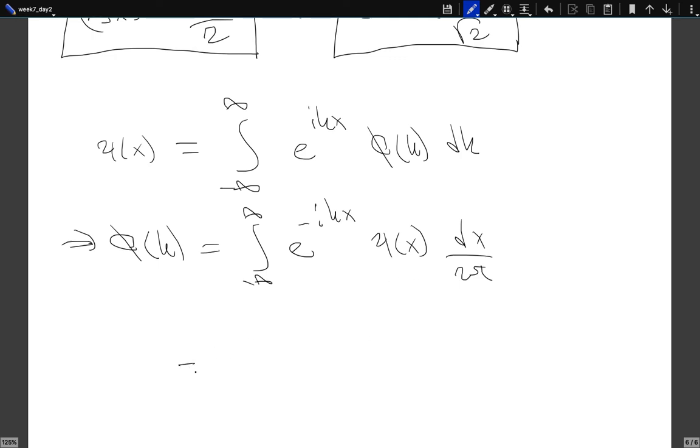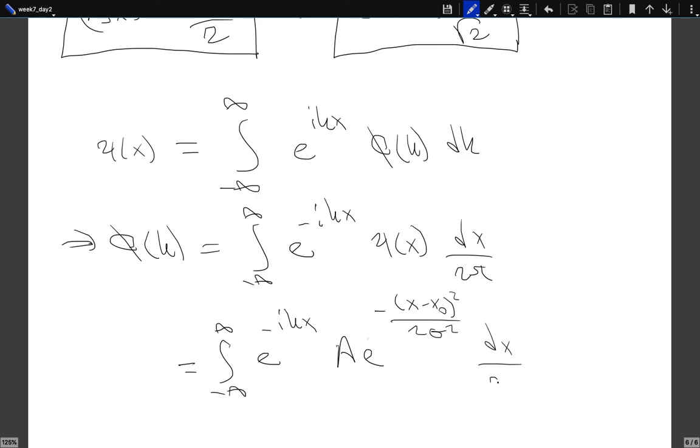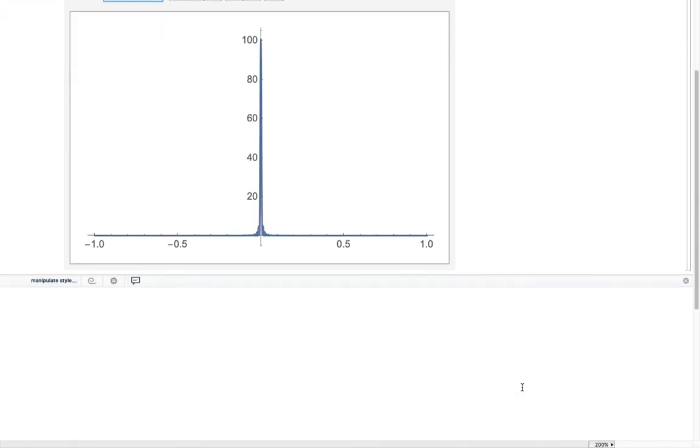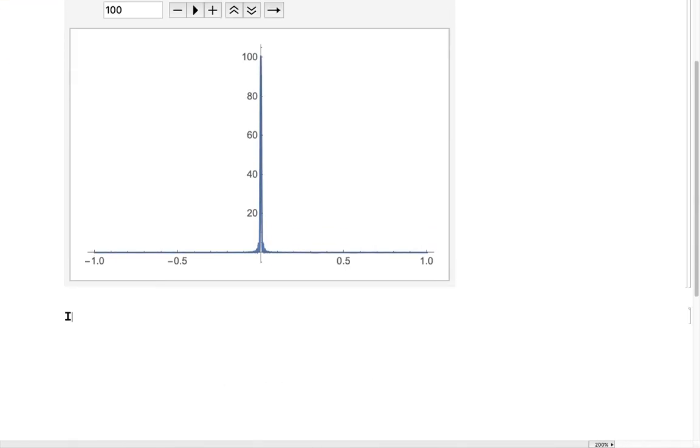Well, we know what psi of x is: minus infinity to infinity, e to the power minus i kx, a, e to the power minus (x minus x0) squared over 2 sigma squared, dx over 2 pi. Do you know how to evaluate this integral? I'm not going to evaluate it. I wouldn't like to bore you. But for this purpose, we have nice computer programs.